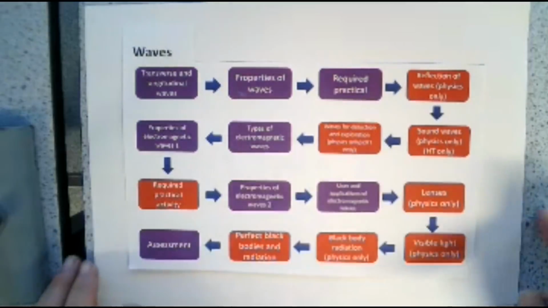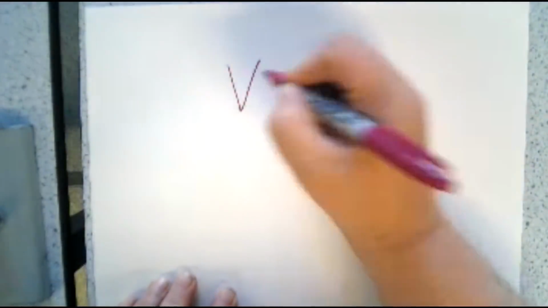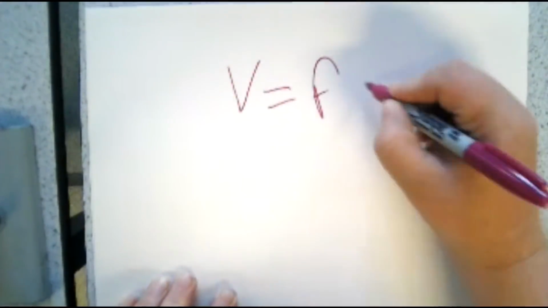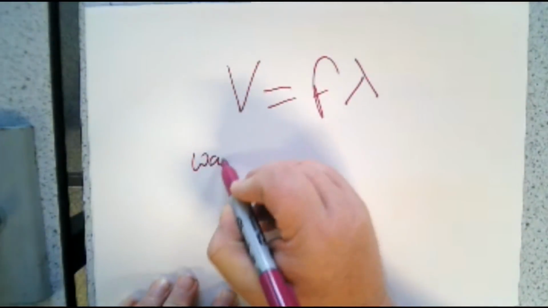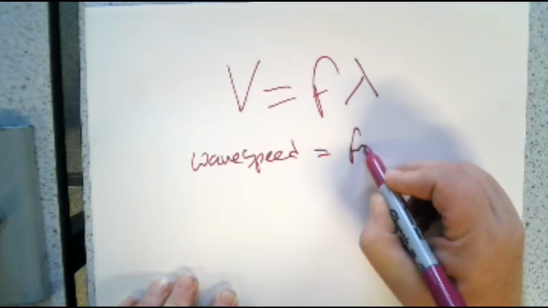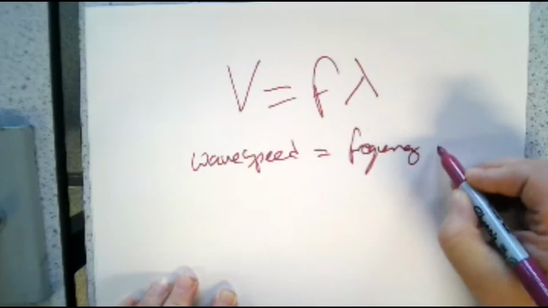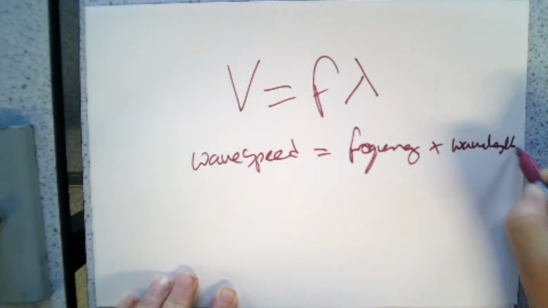So the first thing that's really important for this section is the wave equation, and the wave equation is V equals F multiplied by lambda. Let's remember that V is our wave speed, and it equals frequency multiplied by the wavelength.